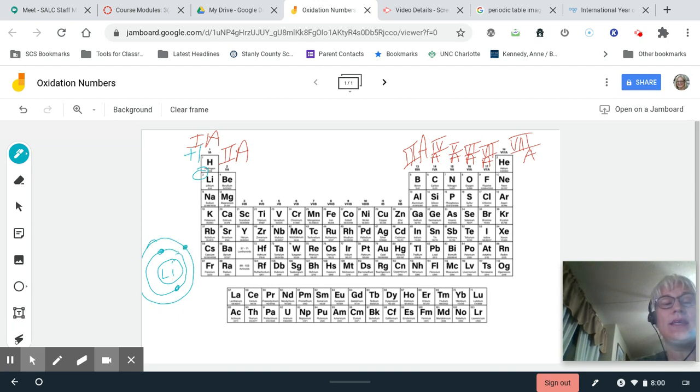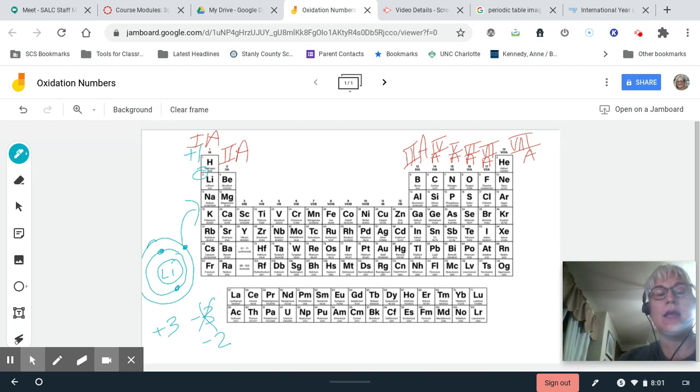It wants to give away that electron. If it gives it away, it no longer has 3 electrons and 3 protons. It now has 2 electrons. So if you do your math, a positive 3 and a negative 2 combined gives you a positive 1. That's how they're calculating the 1, but it happens to match the group number.